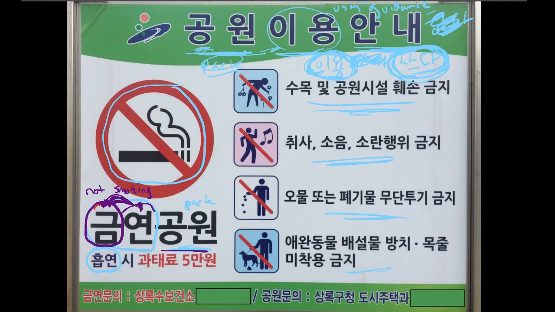And Gongwan, again, we know means park. So right away we can say, and it's obvious because that's what this sign is saying, that this is a non-smoking park. Okay, great. Now, hubyan, this yan here is the same yan, so we know that this refers to smoking. But hub in this case is referring to if you do smoke.